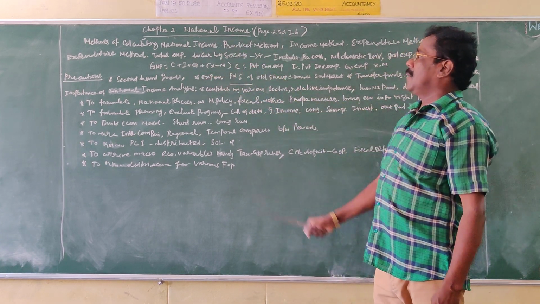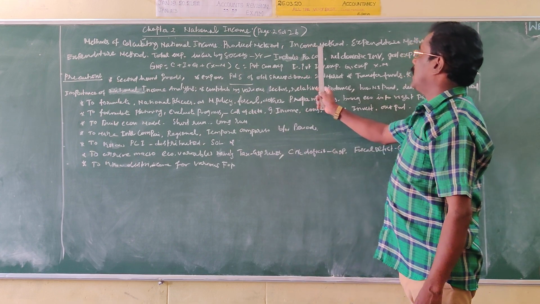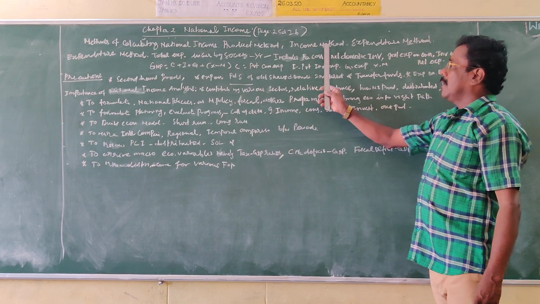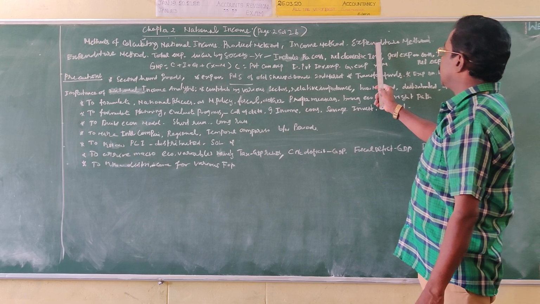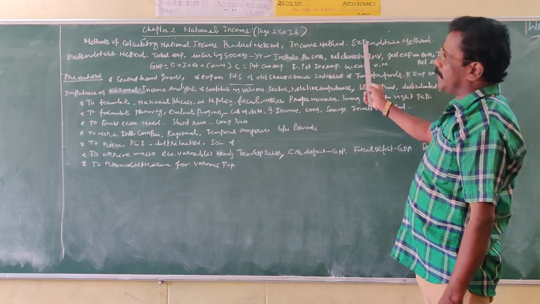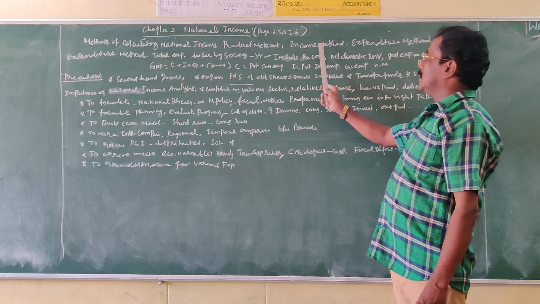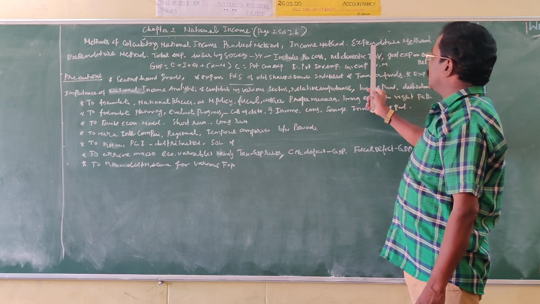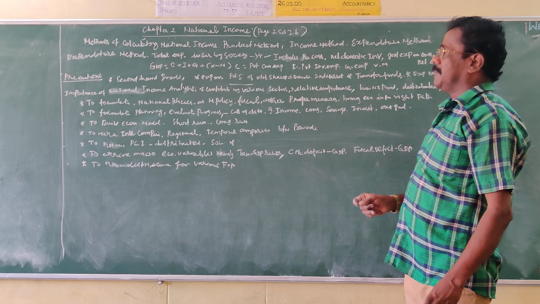Number one, product method, and number two, income method. The third method is known as the expenditure method. This we are going to see today. So the product method and income method are already over. Now the third method is the expenditure method.